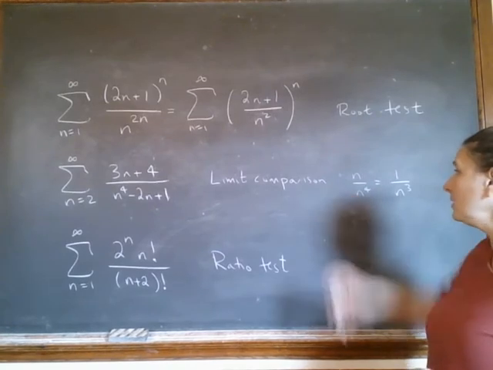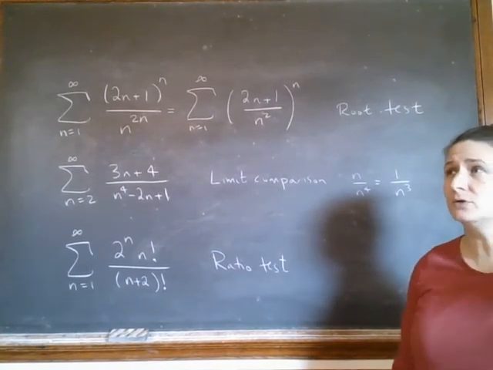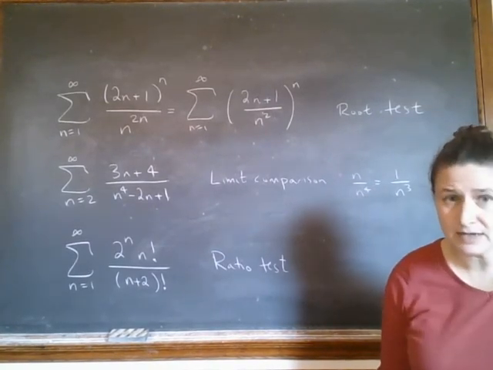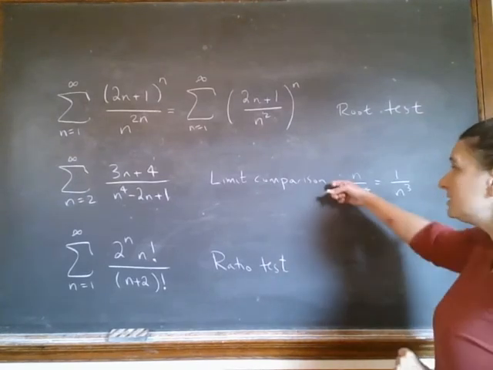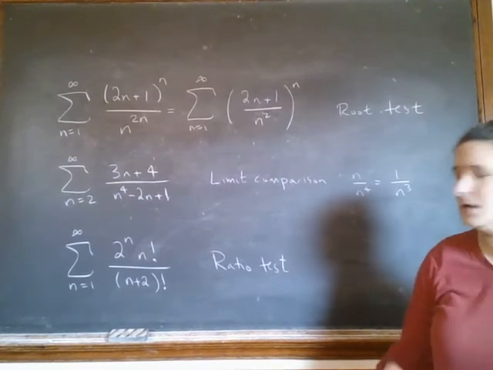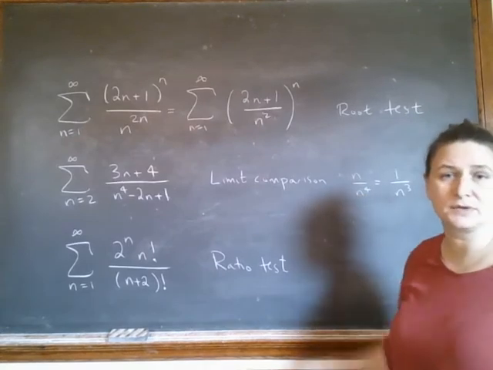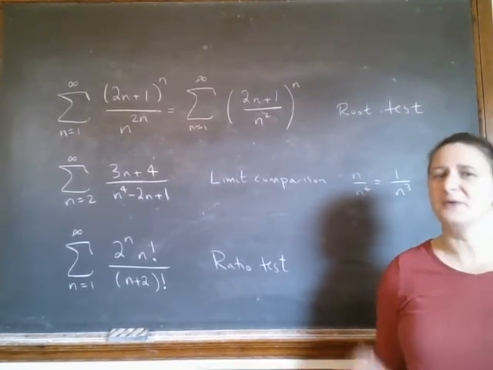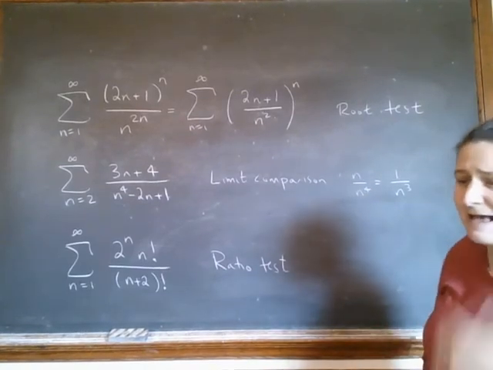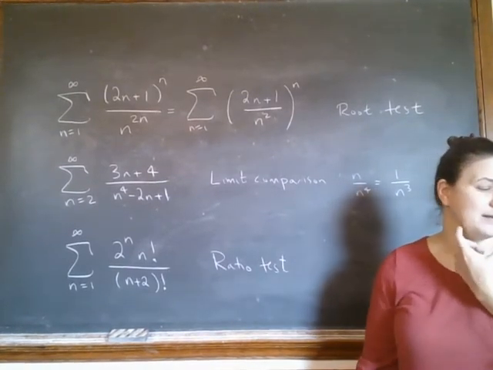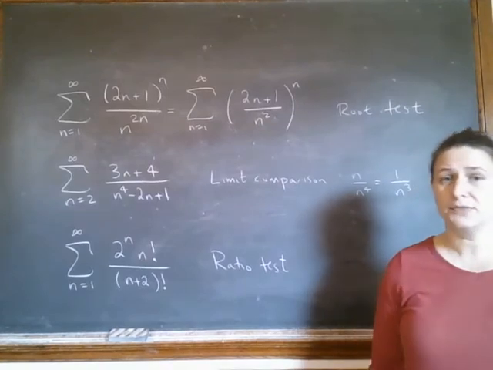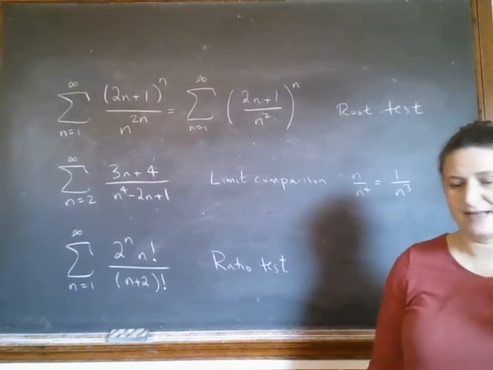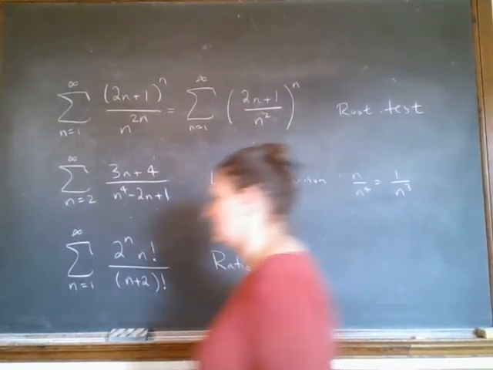Whereas limit comparison, if you get your limit equal to 0 or infinity, it's inconclusive. 1 is perfectly fine with limit comparison. 0 and infinity are perfectly fine with ratio and root test. So just keep that in mind. And in fact, if you look at that cheat sheet, I think it sort of has that in there. It tells you what.